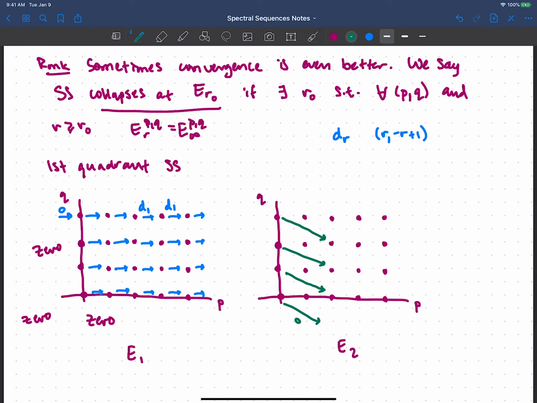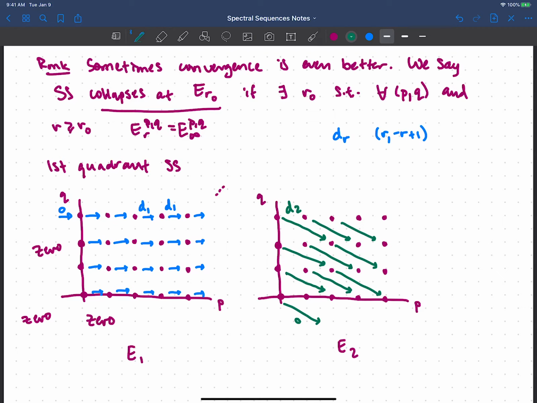Okay, and continuing on, I've got a bunch more D2 differentials. And so on, maybe forever. So probably I should have put dots. A first quadrant spectral sequence doesn't need to be bounded. Okay, so this is just a sampling of these differentials, but here's a bunch of D2 differentials.